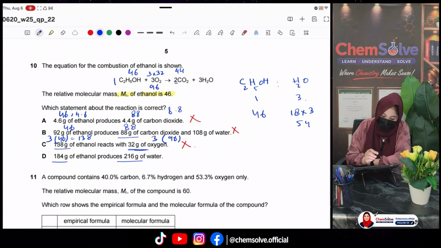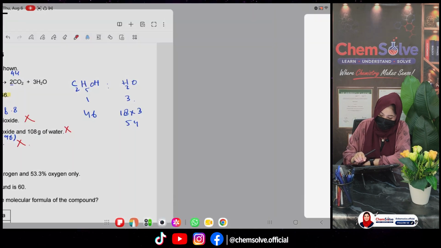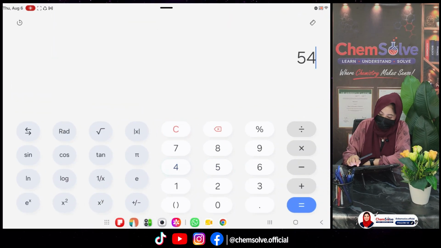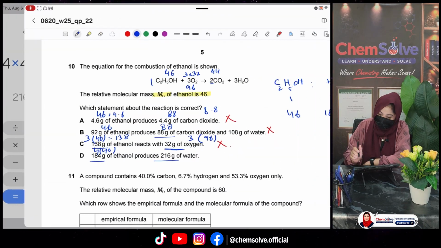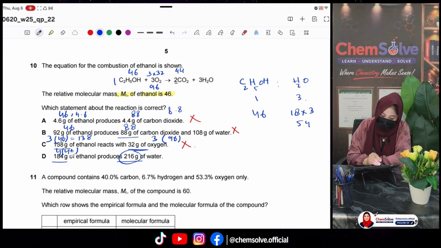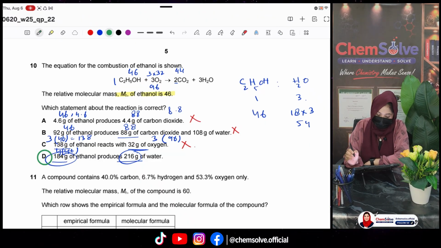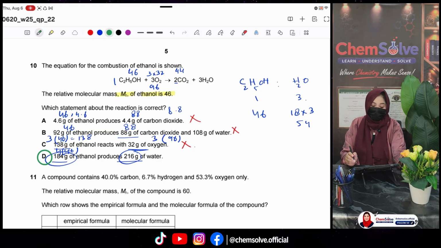So if we multiply it by 4, then 54 would also be multiplied by 4, and it is 216. So it is exactly according to the calculation. I hope you have understood this. Option D is the correct one, in which both the Mr values have been multiplied by the same ratio, that is 4, right?